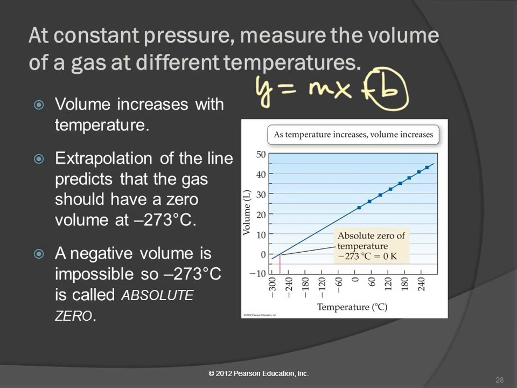So what they said was, the Celsius scale is giving us a y-intercept that is not 0, and it's not working out very well. Let's just establish a new temperature scale for gases that'll give us a 0 y-intercept, and that's where the Kelvin scale came from. So when we deal with gases and calculations, we have to use the Kelvin temperature because the equations don't work with the Celsius temperature.